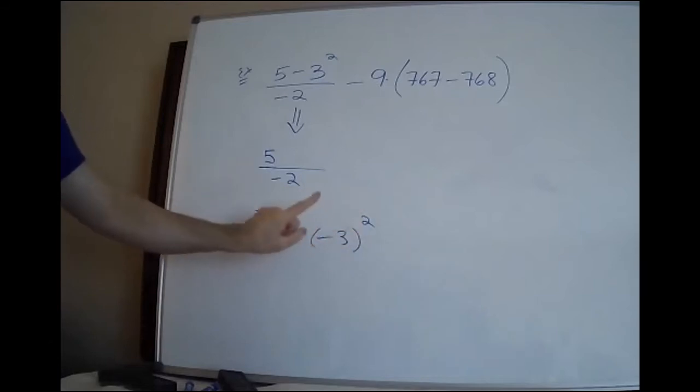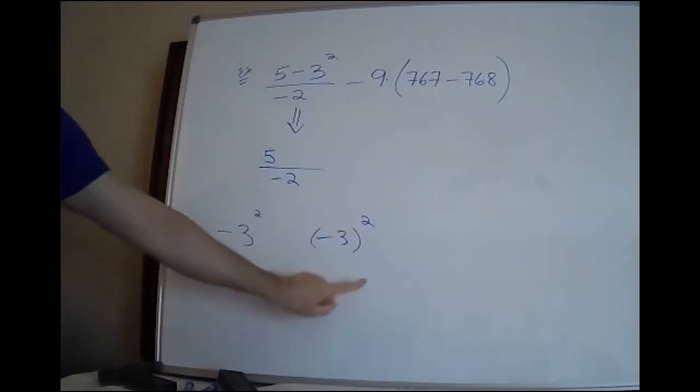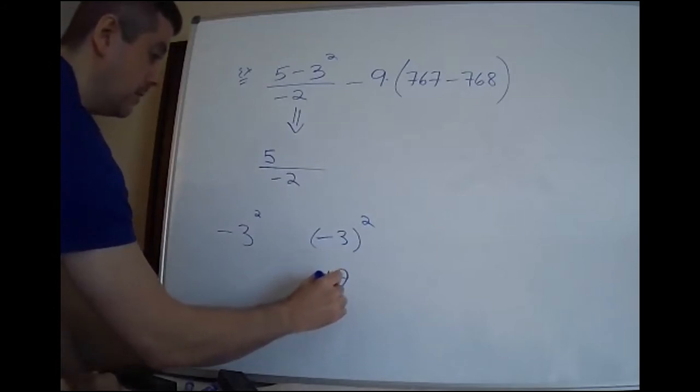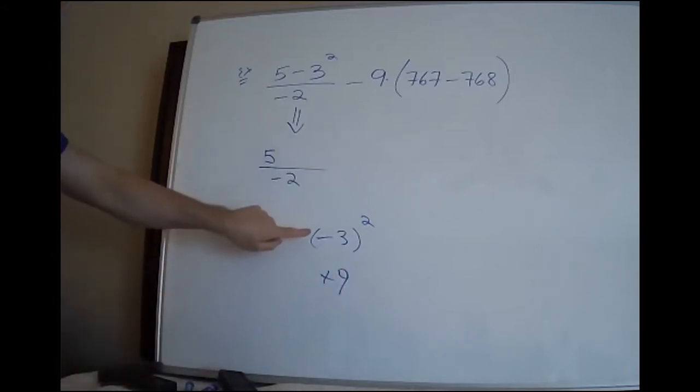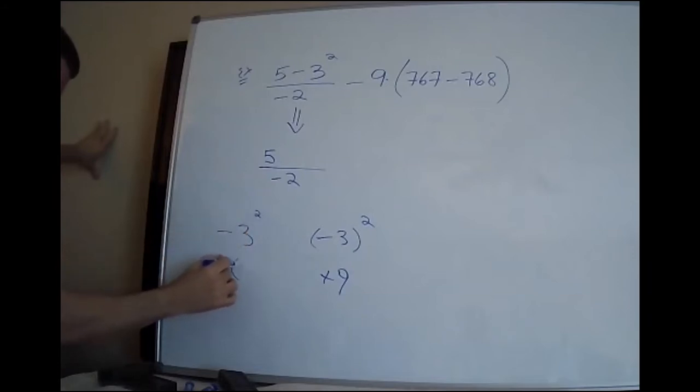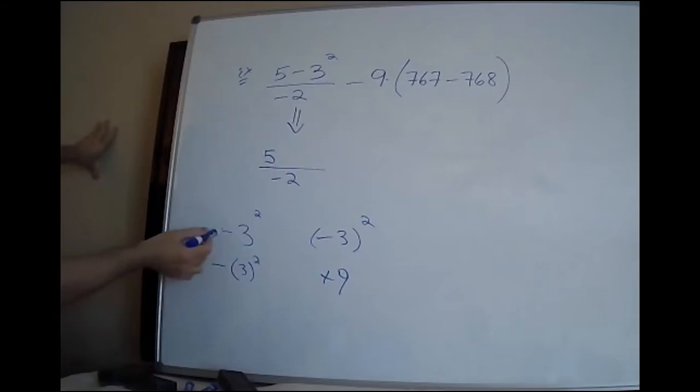So now this one meant -3 times -3. This one is definitely +9 because a negative times a negative is a positive. This one, however, you see, this negative is not being done to the power. I can't do this negative to the second power. Here I can.